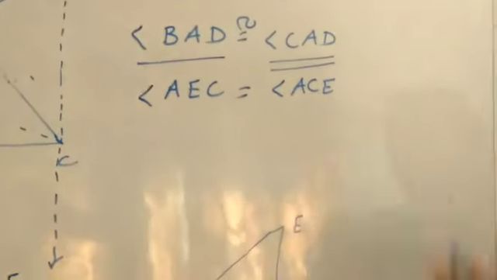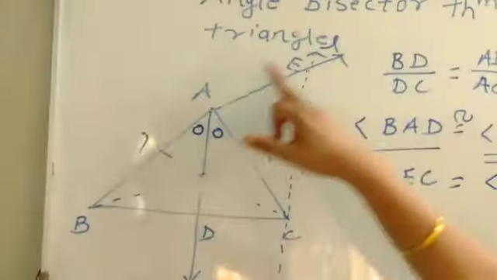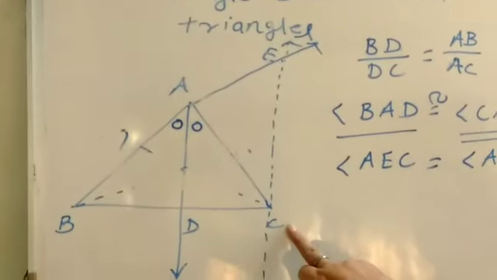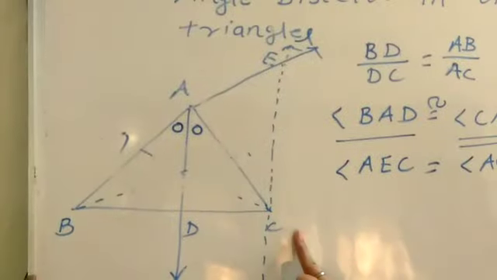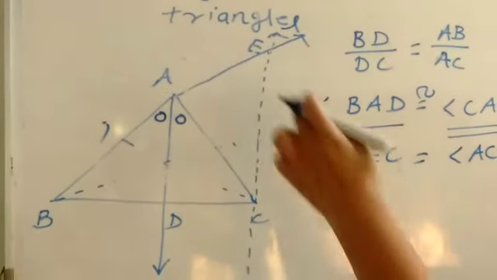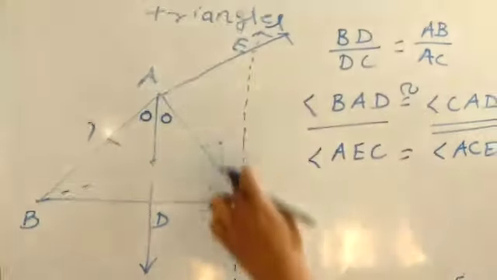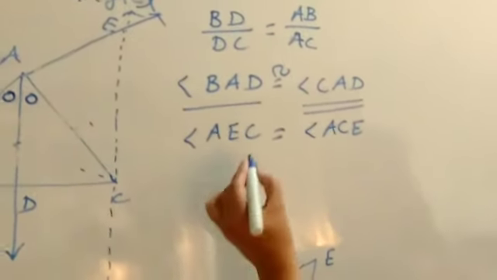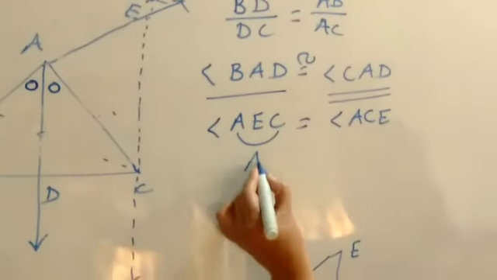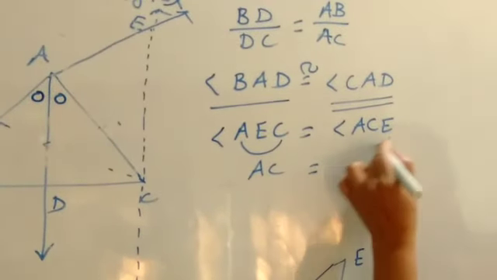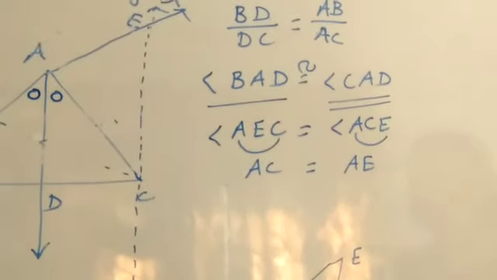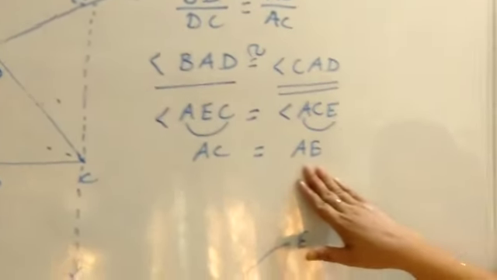Agree? Now, see this triangle AEC. In AEC, what have you observed? Base angles are congruent. Therefore, according to the converse of the isosceles triangle theorem, side AC will be congruent to side AE. Agree?